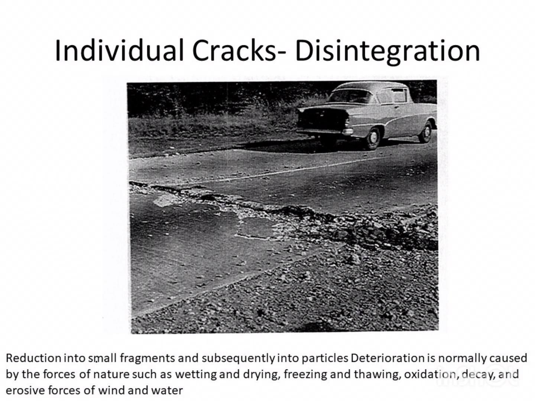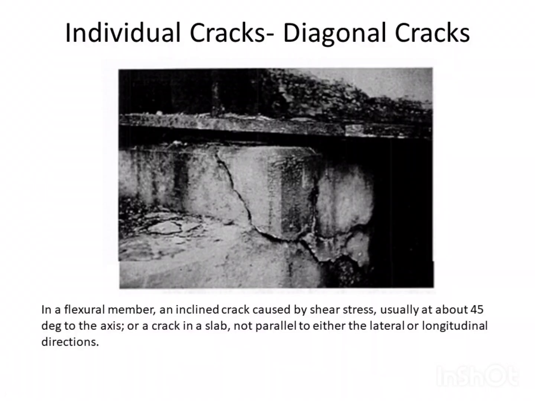Disintegration, reduction of surface to smaller fragments, is normally caused by forces of nature such as wetting and drying, freezing and thawing, oxidation, decay, and erosive forces of wind and water. So, disintegration is common in dams.